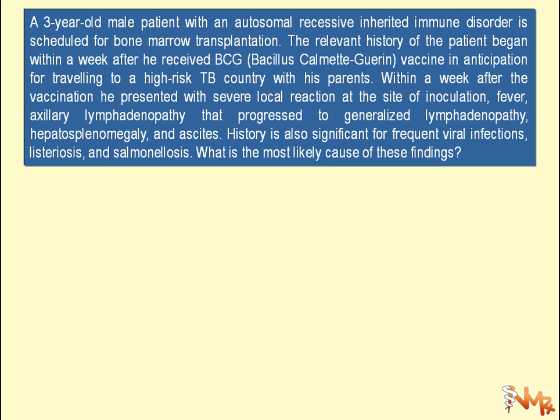Within a week after the vaccination, he presented with severe local reaction at the site of inoculation, fever, axillary lymphadenopathy that progressed to generalized lymphadenopathy, hepatosplenomegaly, and ascites. History is also significant for frequent viral infections, listeriosis, and salmonellosis.